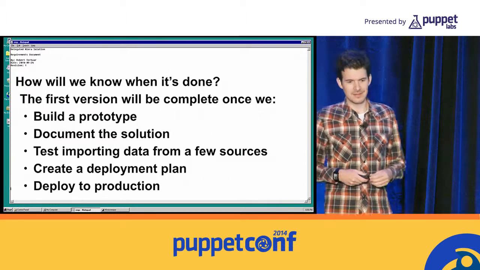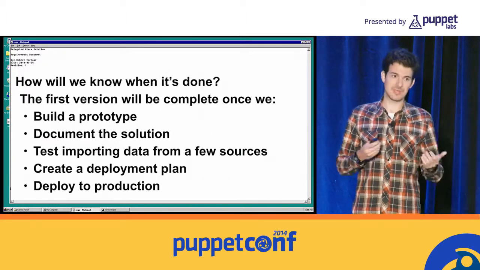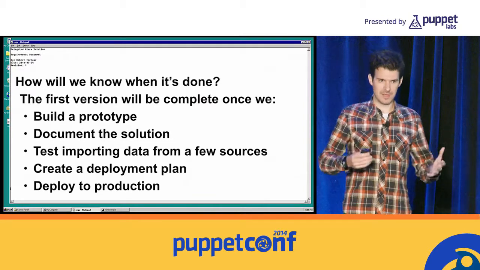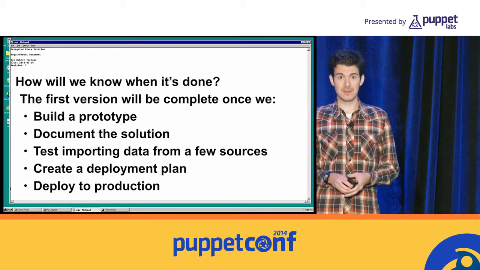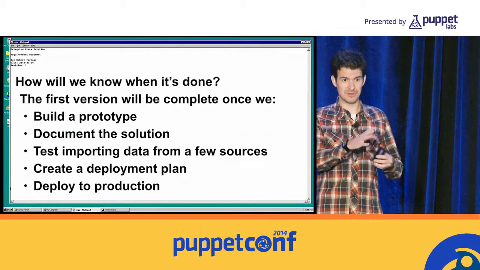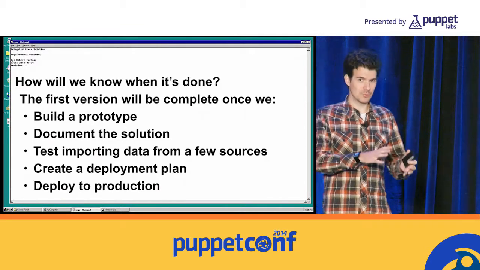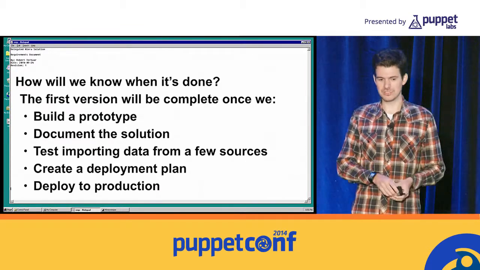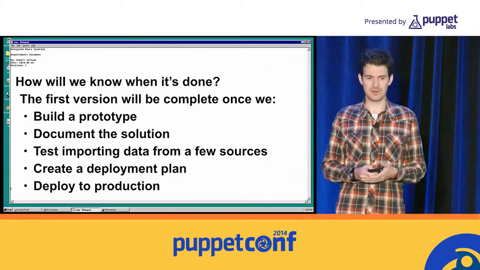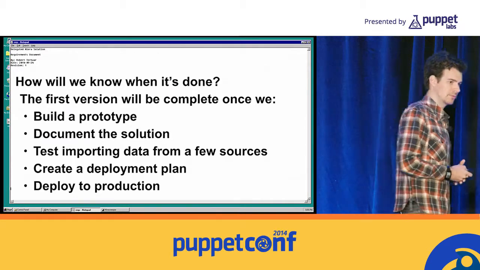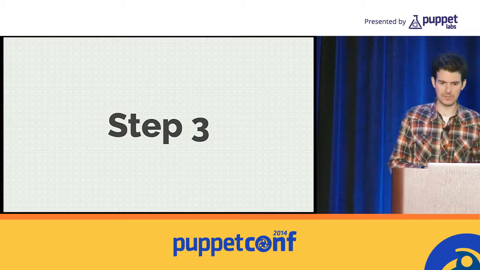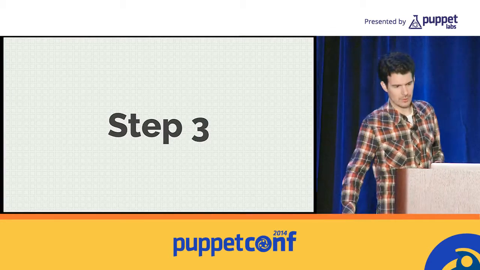That's fine. We have to test it to make sure that we can actually import the data. We have to plan for what the deployment is going to be, because we don't use our production system or our testing system. Maybe we need to redeploy this, and we need to have a proper solution for how to deploy it. And then finally, it has to go into production. Simple, right?